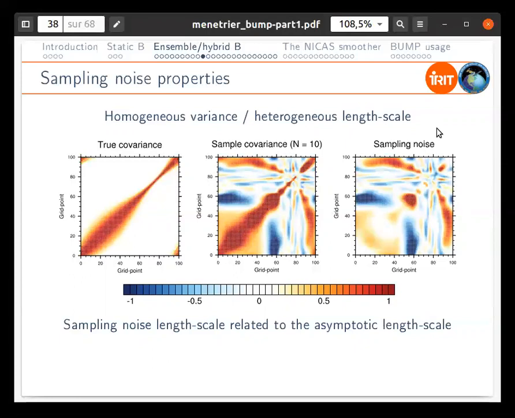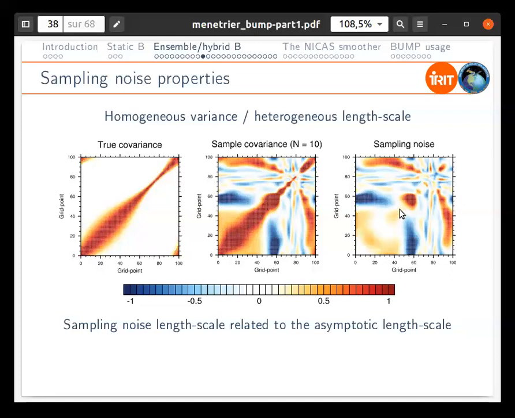Now I change not the variance, so not the value of the diagonal, but the length scales of the true covariance on the left. We can see that for the sample covariance in the middle, the length scale is larger on the bottom left quarter and smaller features on the top right quarter.